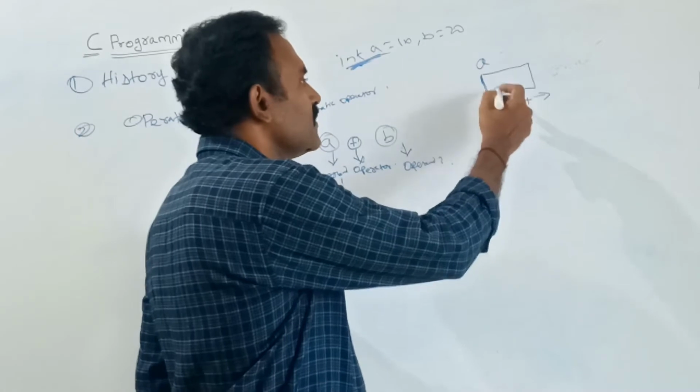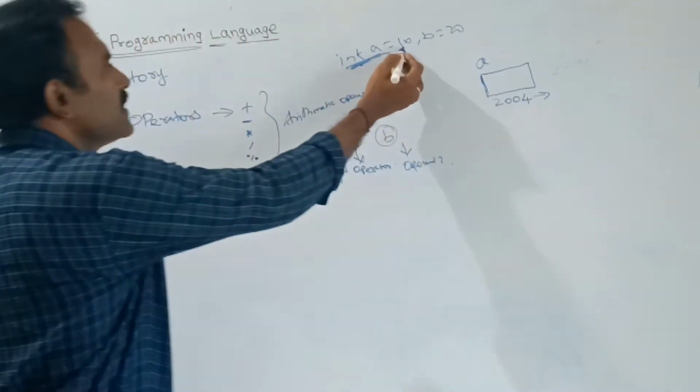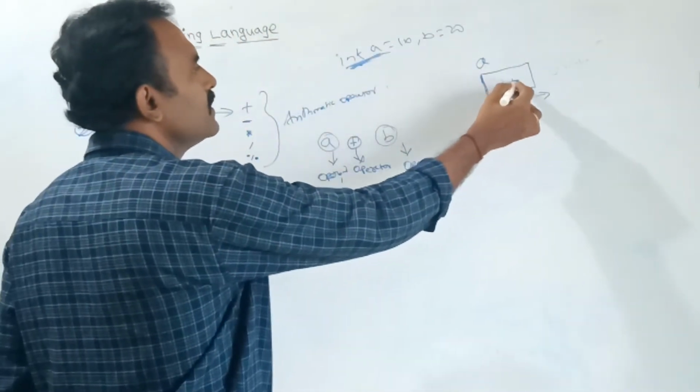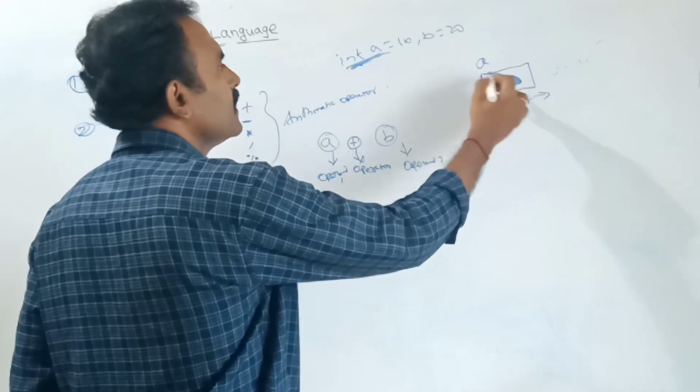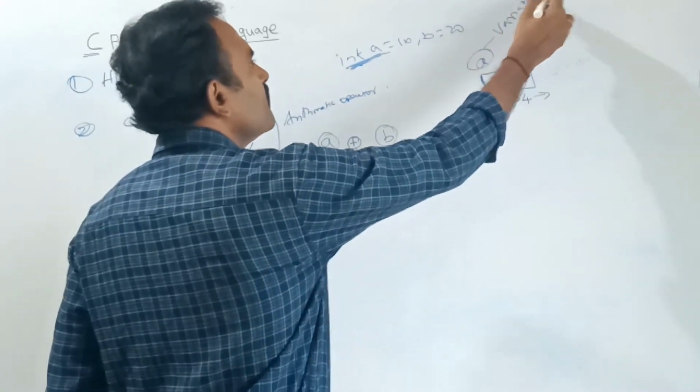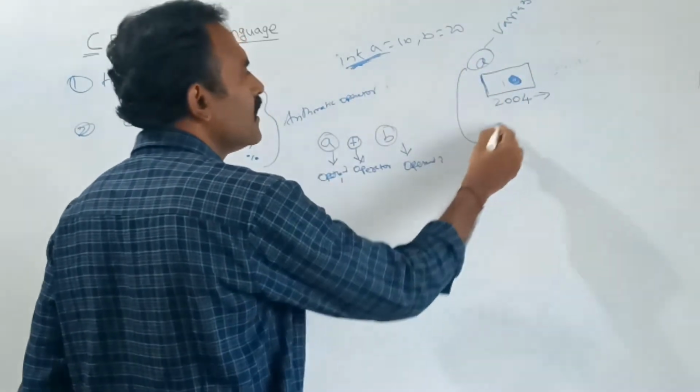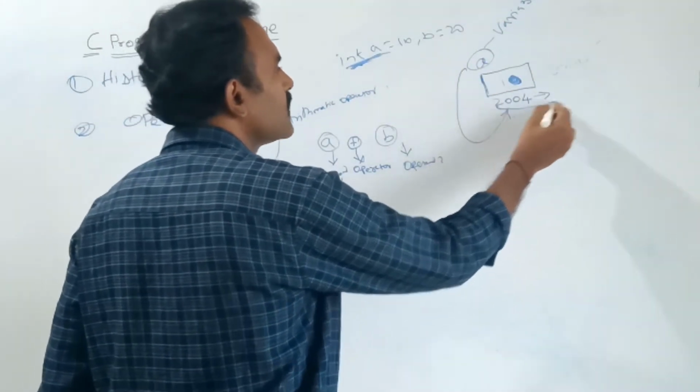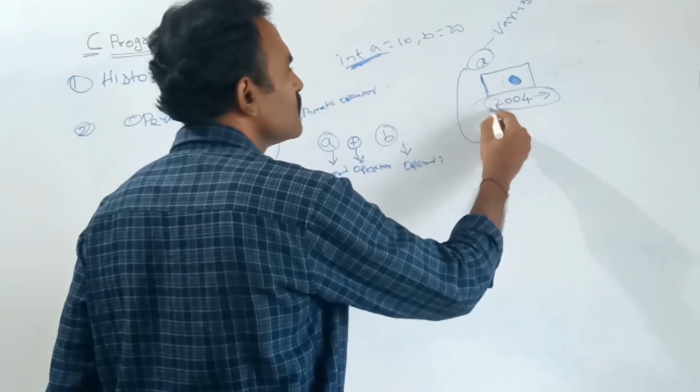Suppose I am storing integer A is equal to 10, then that 10 will be stored here. Here this is the variable name. A variable always refers to the address, the address 2004.